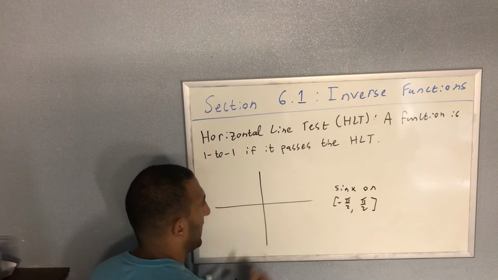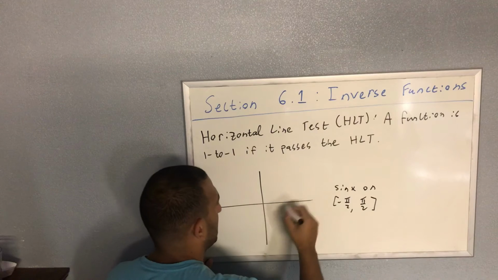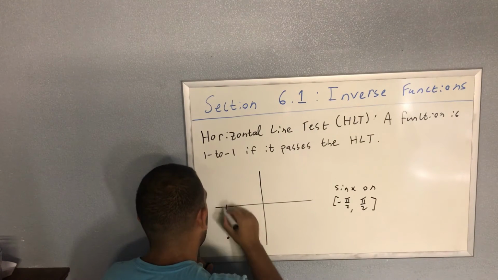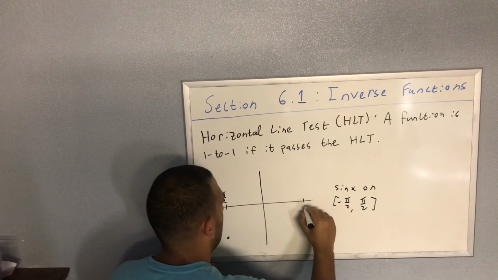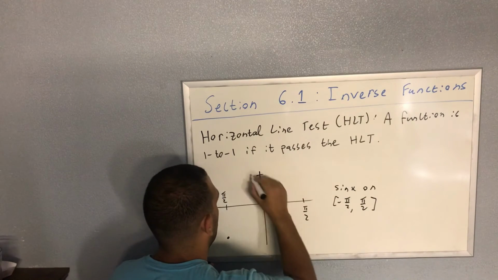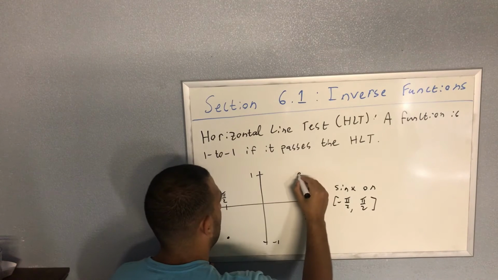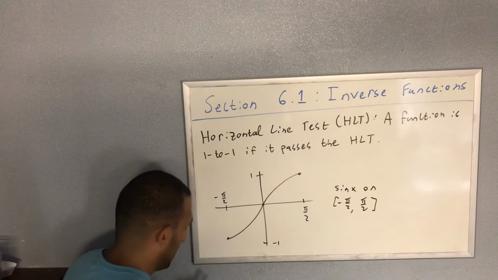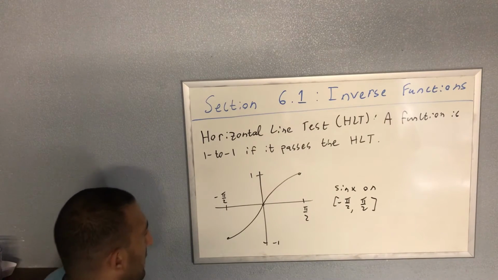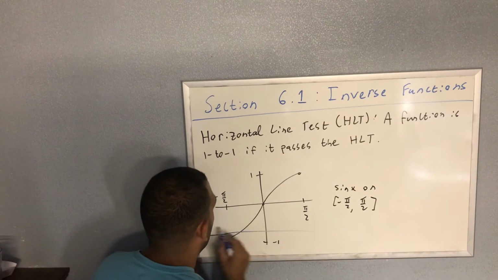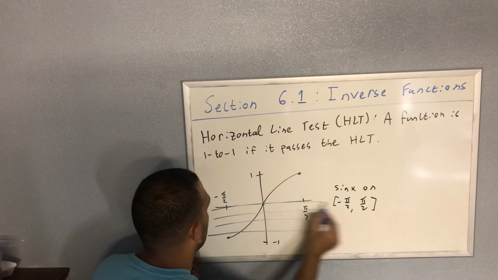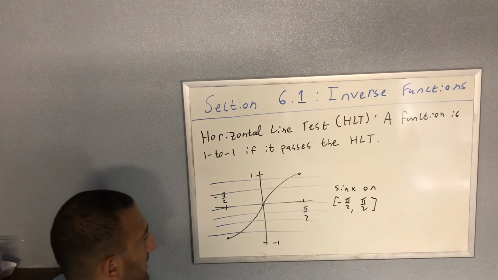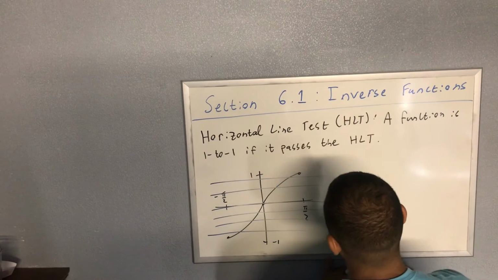And this is the domain that we consider it for the inverse function. So it hits negative 1 at negative pi over 2, and it hits positive 1 at pi over 2. So it looks like this. And notice this will pass the horizontal line test. If I draw any horizontal line, it never touches the function in more than one spot. So this does pass the horizontal line test.